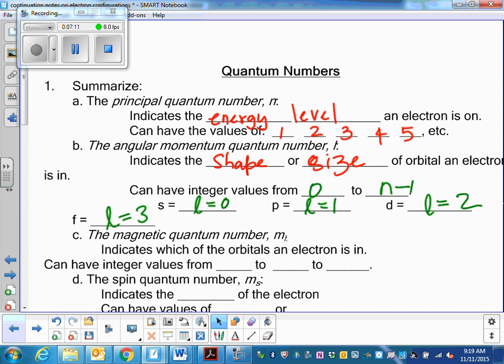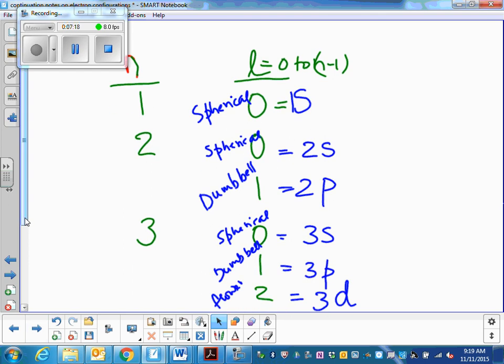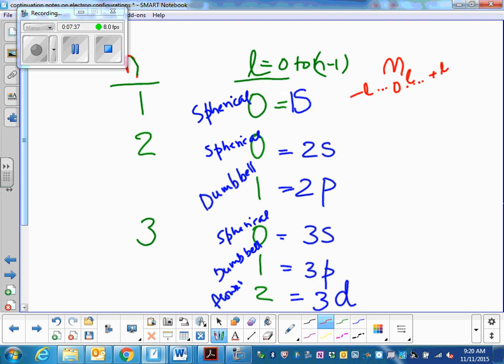So then he solved for a different set of solutions. Now he came to ML, and he said ML now depends on L. What are the possible solutions for ML? ML can vary from minus L to 0 to plus L. Those are the possible solutions for ML.